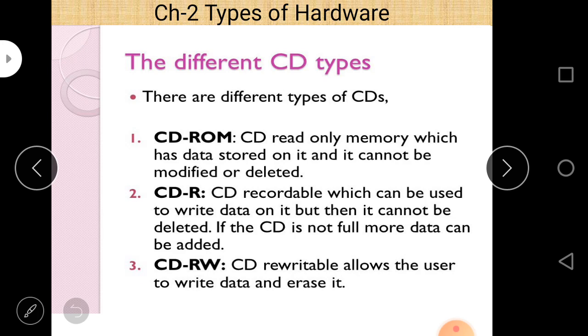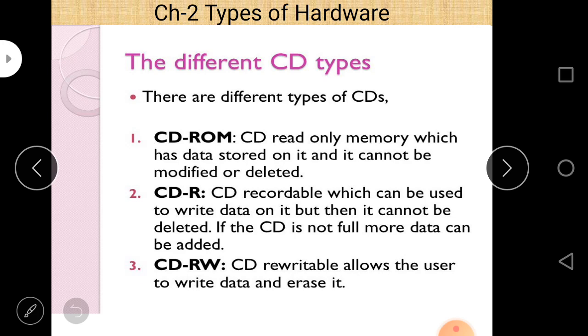And the second thing is that when you write data in a CD, it cannot be deleted at any cost. You can write data in it, and if the CD is not full, you can also add more, but after writing data in a CD, you cannot delete it.